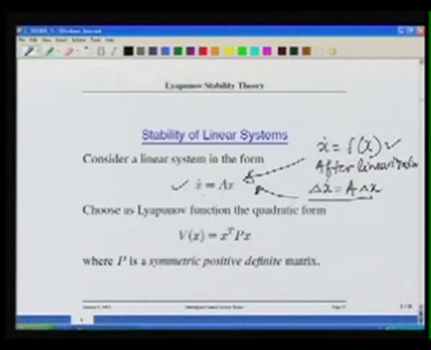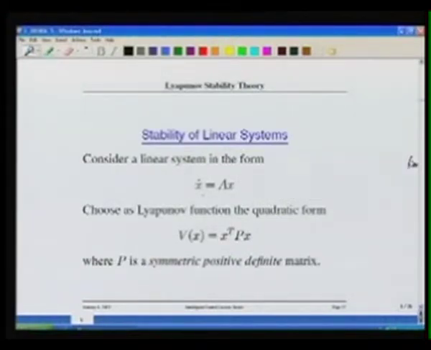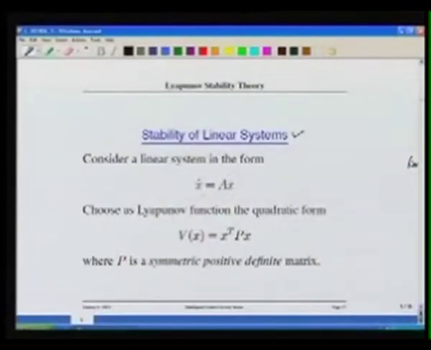And then we concluded how to determine the stability of the linearized system. We discussed in the last class the direct method and indirect method. Now, can we use this Lyapunov stability theory for stability of the linear system, which is x dot equal to A x? The answer is yes.